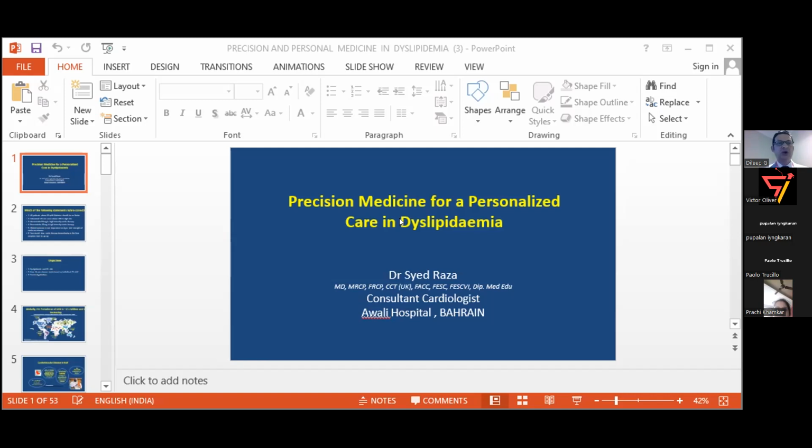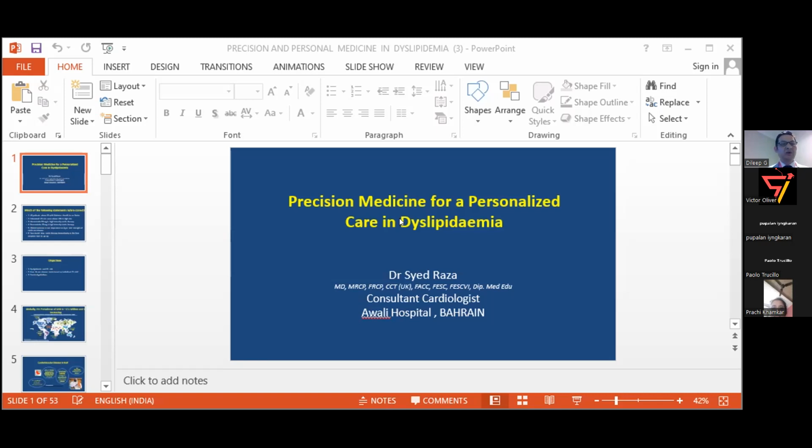Now, this is from a meta-analysis of 19 randomized control trials, which has shown that statins in primary prevention lead to at least a 23% reduction in myocardial infarction and a 12% reduction in stroke. It also leads to a 16% reduction in revascularization procedures and a 15% reduction in major cardiovascular events.